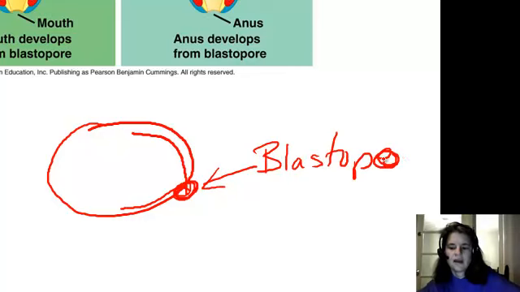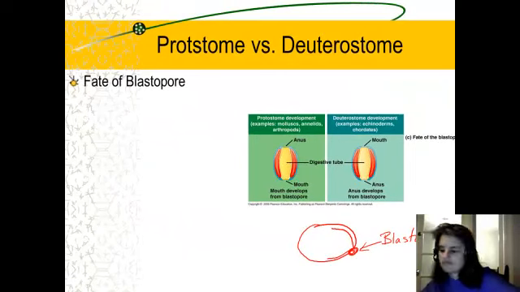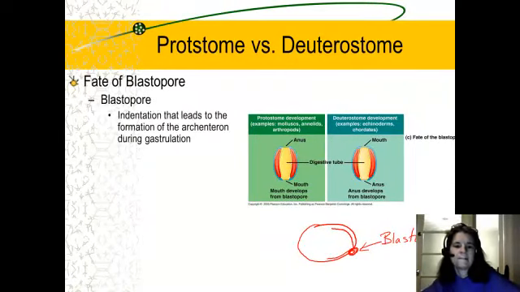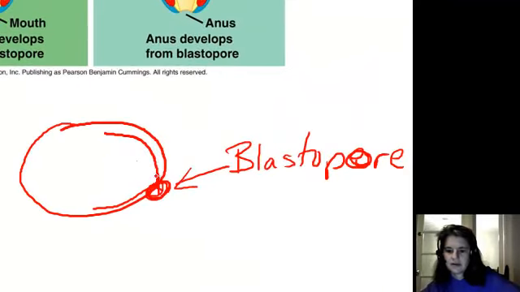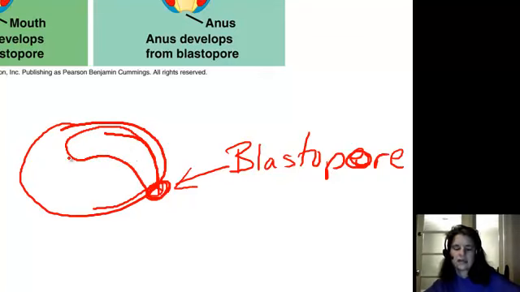And that opening is pretty important. It is leading to that archenteron we talked about, that gut cavity. So it is the opening that leads to the gut, that archenteron space, which means we have two openings that we're aware of to our gut cavity, our mouth and the other one.